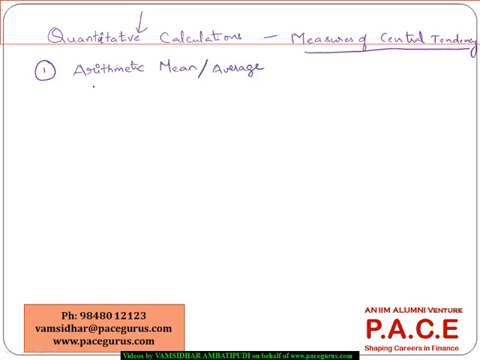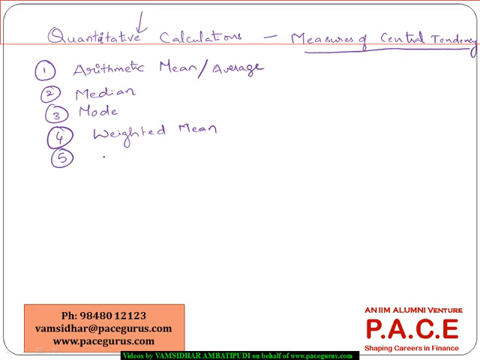Then we also talk about median, mode. Then we'll also start looking at a few other measures like weighted mean. Then we'll talk about geometric mean. And finally we will bring in harmonic mean. So these are the different measures of central tendency that we are going to look at.